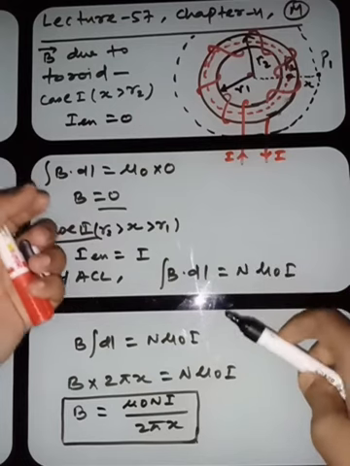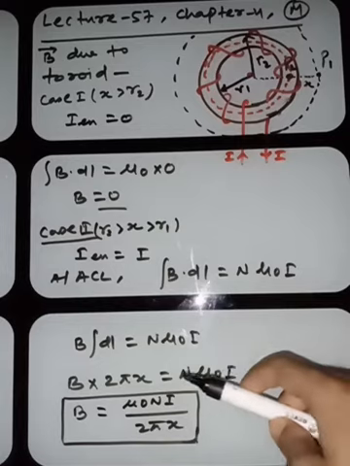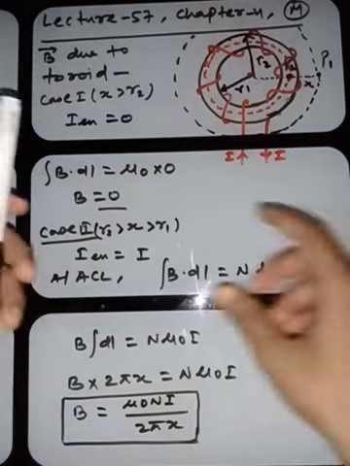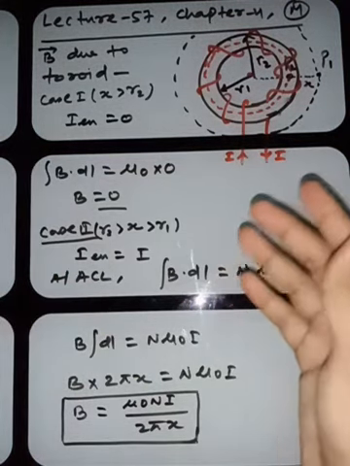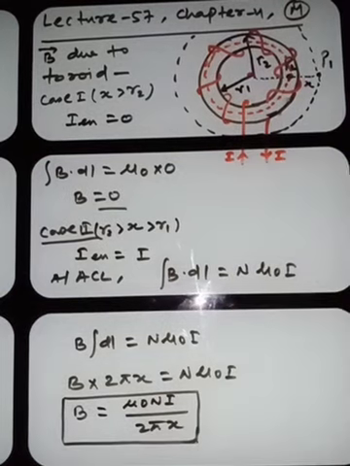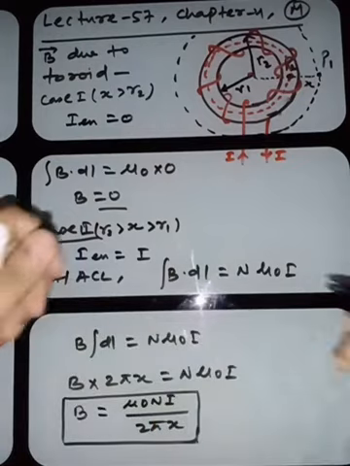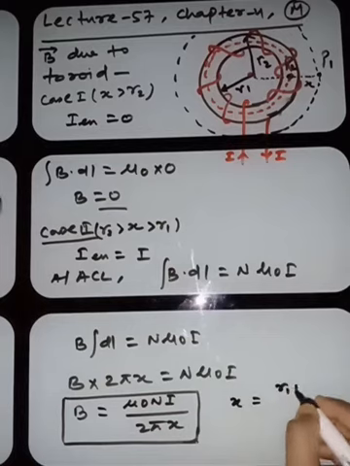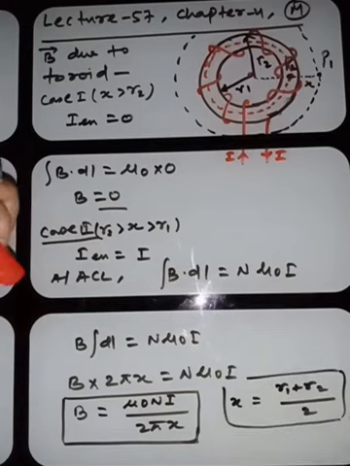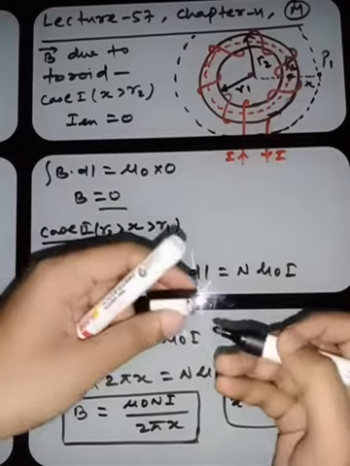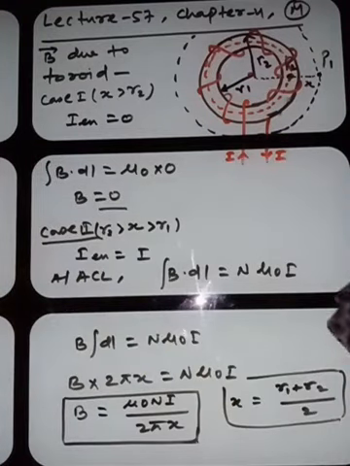Now let me find the magnetic field due to this toroid at point P3. Remember, students, for this x we generally use the average, that is, r1 plus r2 over 2. We use the average length, because it has two radii, so we use the average of the two radii.